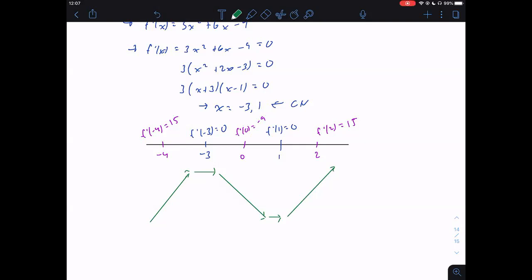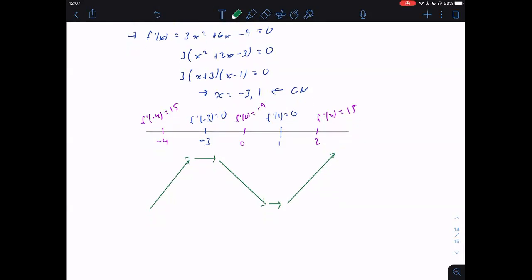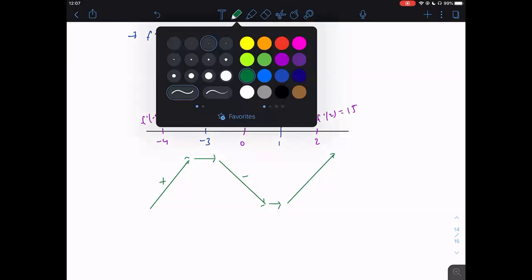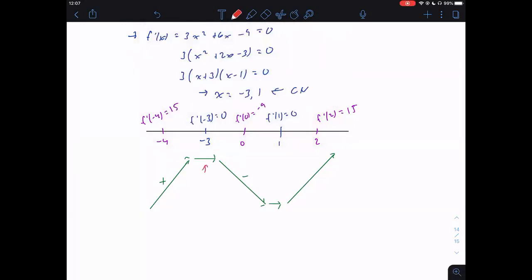All right. So what do we see here now? Since our function was increasing, but then started to decrease after the first critical point, then recall that when the slope changes from positive to negative, at that critical point we have a relative maximum. So we have a relative max at x equals -3.